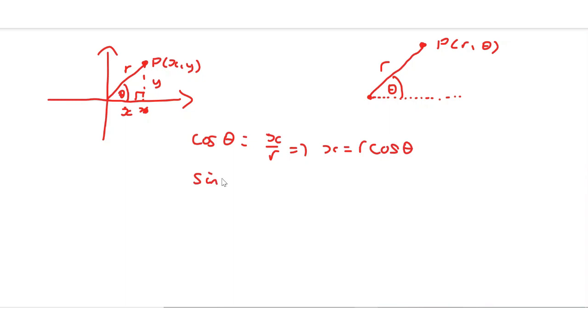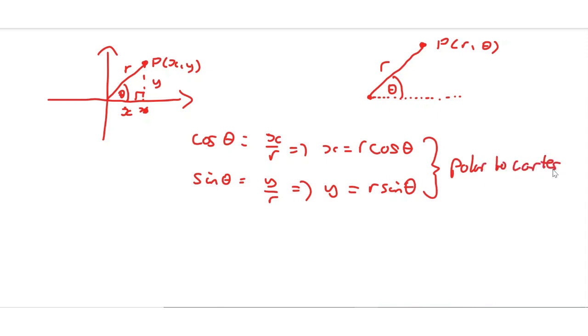And sine theta is equal to the opposite over the hypotenuse, so that's y over r, and that implies y is equal to r sine theta. So if we're given r and theta to represent a point in space, we can find its Cartesian coordinates. We can find x and y using these formulas. So these help us with polar to Cartesian.